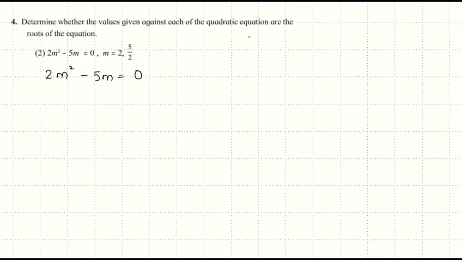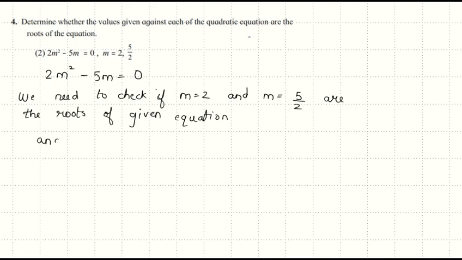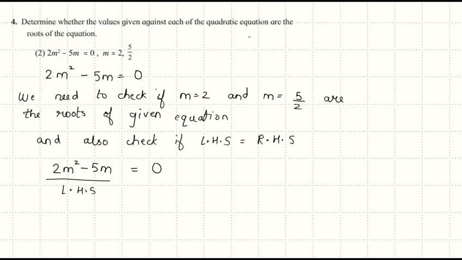We need to check if m is equal to 2 and m is equal to 5 upon 2 are the roots of given equation, and also check if LHS is equal to RHS. So in the equation 2m square minus 5m is equal to 0, this is LHS and this is RHS. RHS is 0. First we will take m is equal to 2.